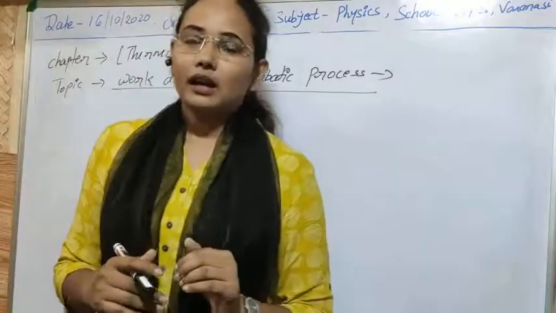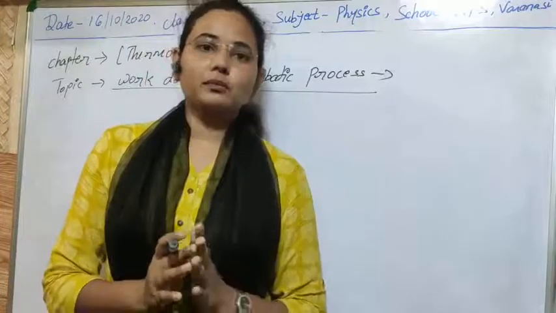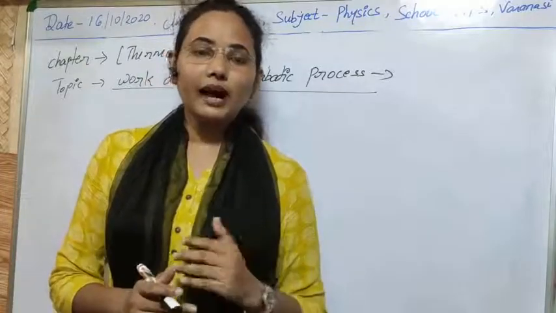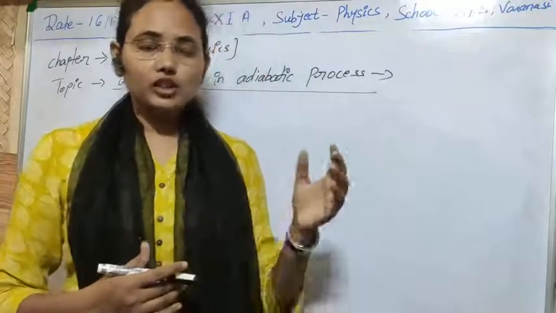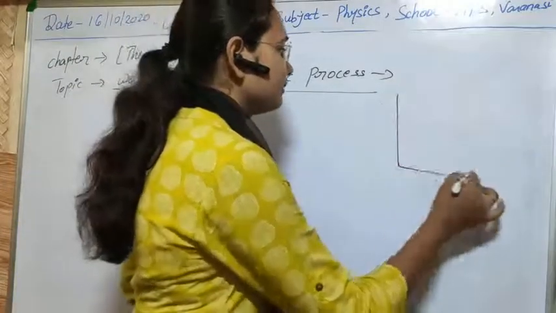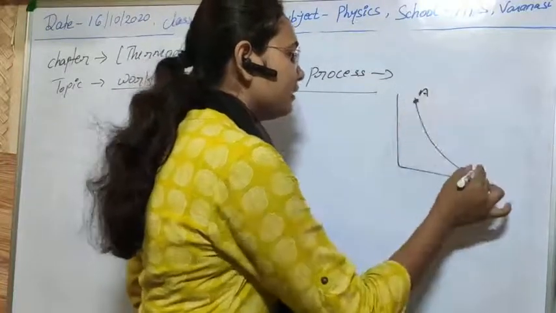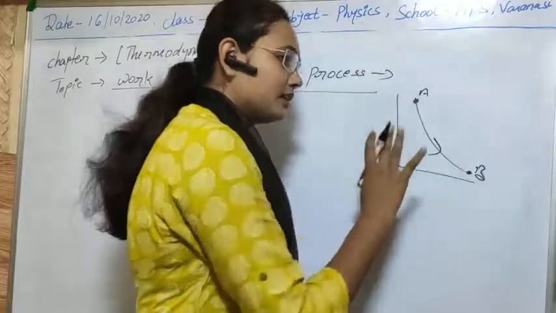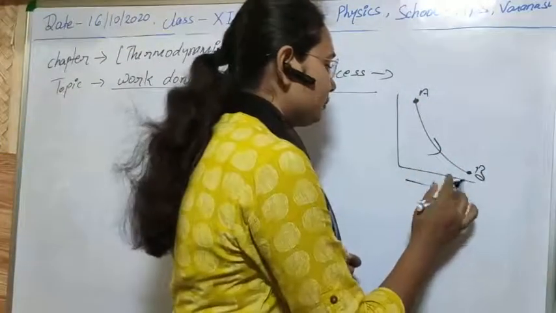Suppose that in place of an isothermal process, we are going through an adiabatic process to change the state. Suppose here are 2 points, A and B, and this is the adiabatic process on this PV diagram.